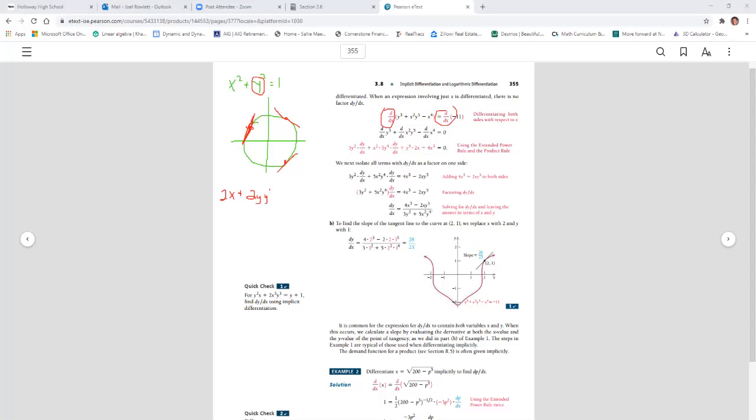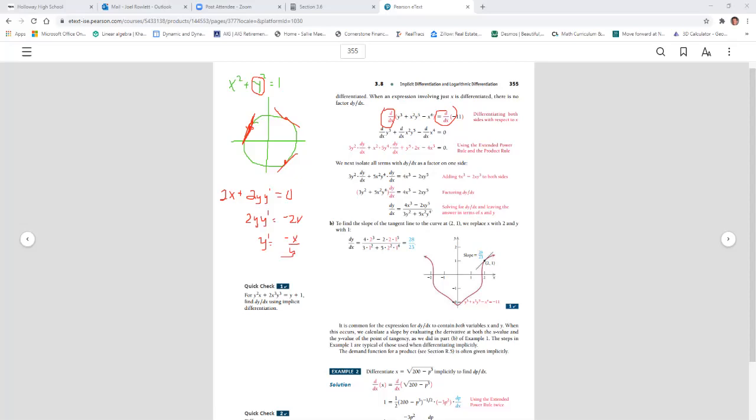So 2x plus 2y y prime would be equal to, I have to take the derivative of the 1, which is 0, and then I need to get y prime by itself. So that's going to give me 2y prime is equal to negative 2x. And if I divide both sides by 2y, that gives me negative x over y.